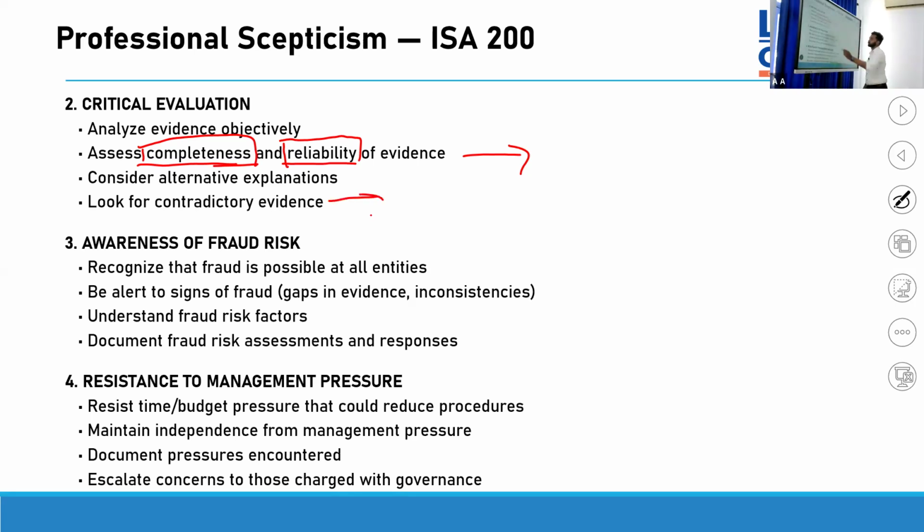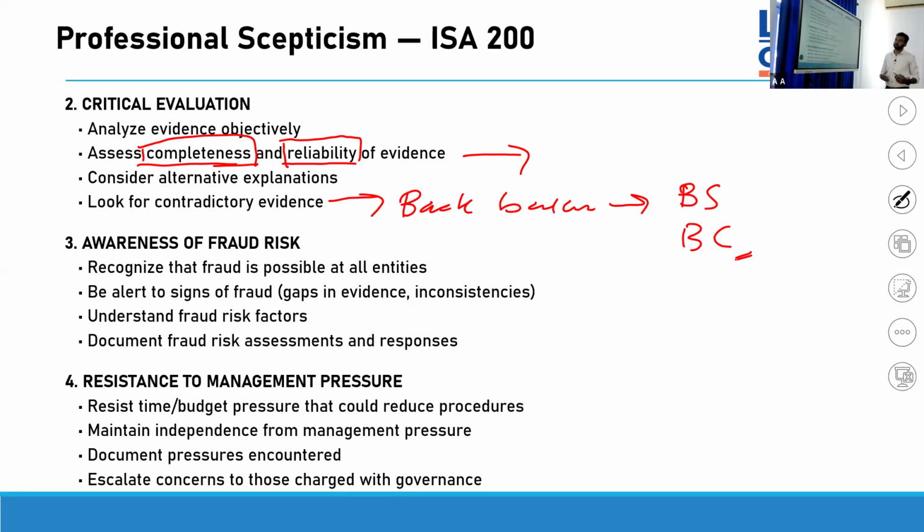Let's say there is a bank balance in your financial position. You can test using the bank statement, as well as you can obtain the bank confirmation in order to verify the balance, right? So likewise, you must use contradictory evidence, right?